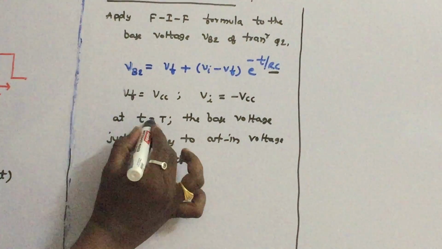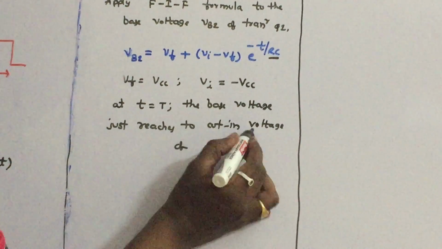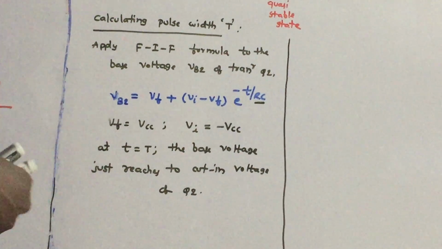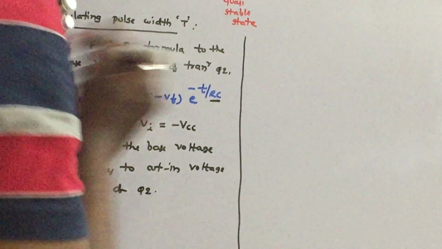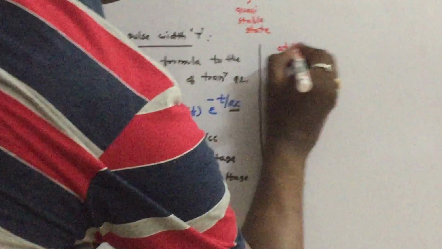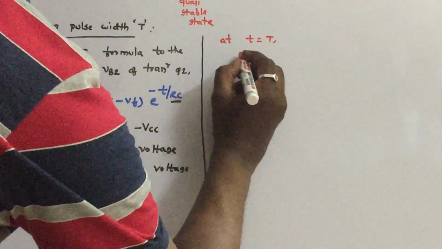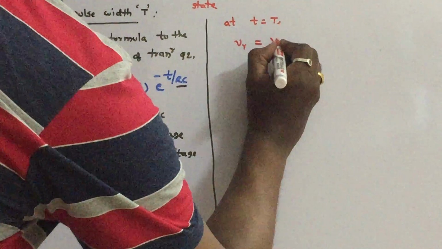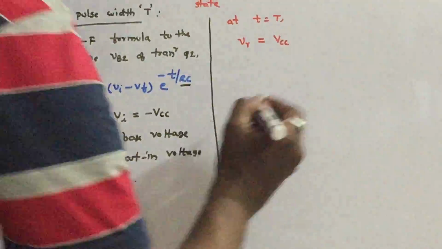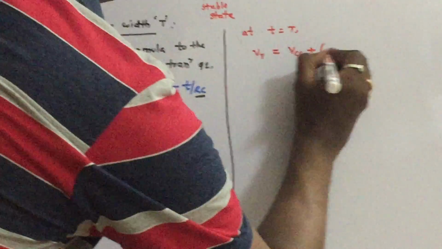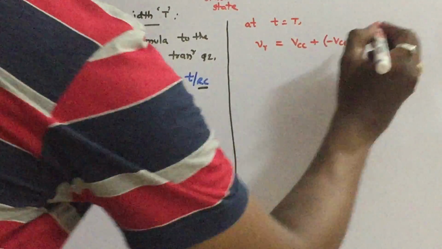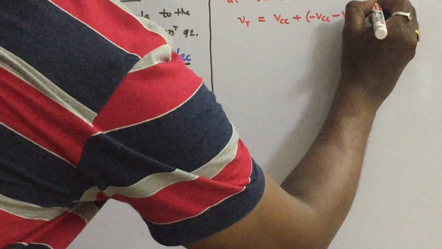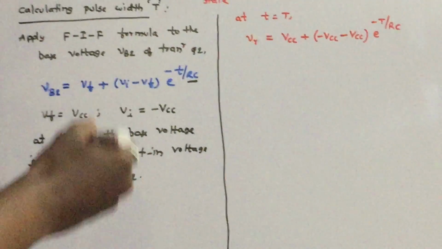At T is equal to capital T, the base voltage just reaches the cut-in voltage V gamma. The final voltage is plus VCC, the initial voltage is minus VCC, so VCC e power minus the time period which we want to find out, by RC.